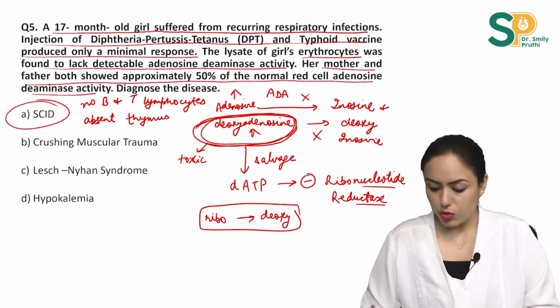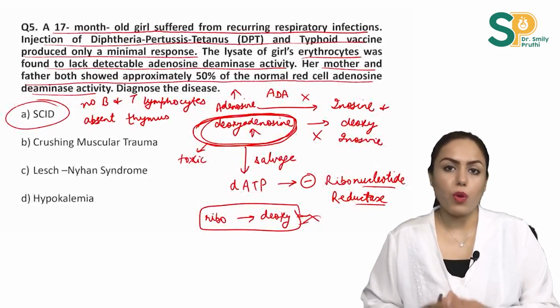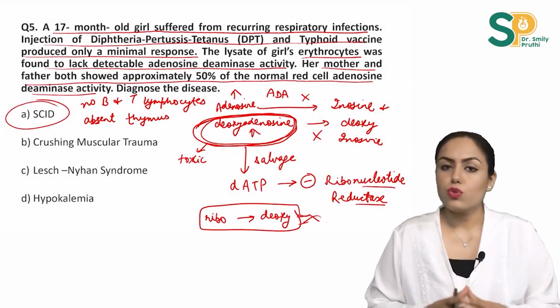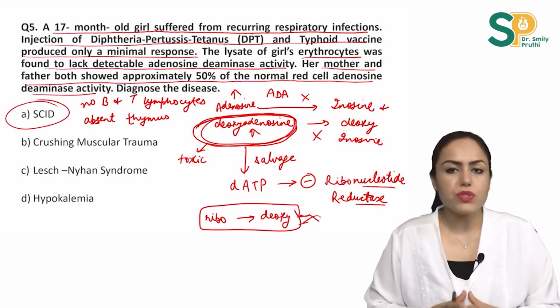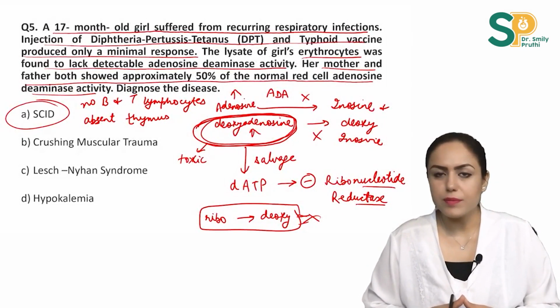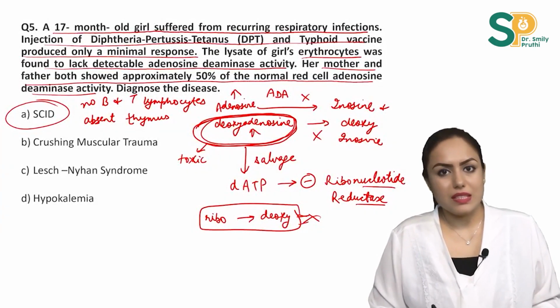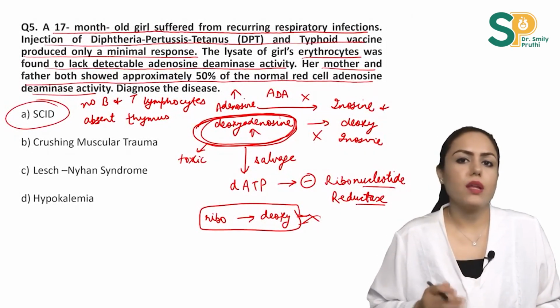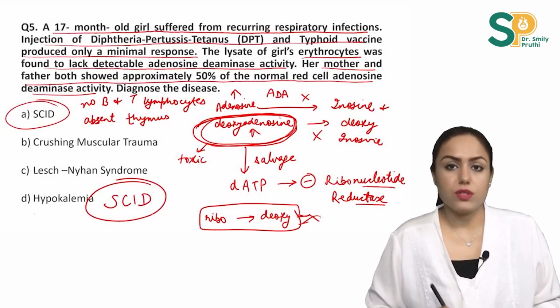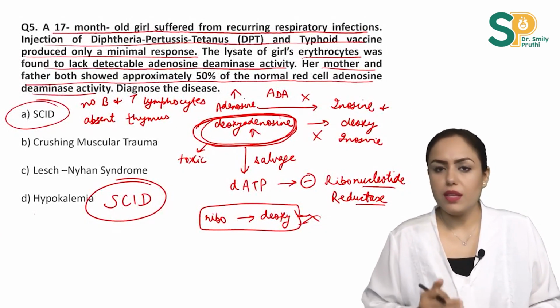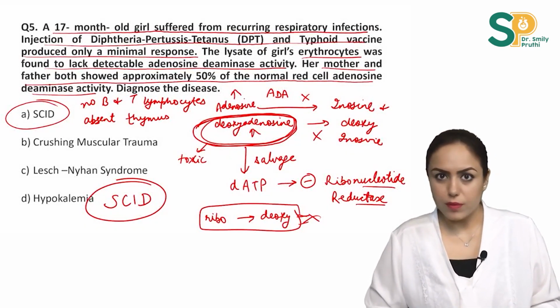So when deoxyribonucleotides will not form, there will be problem in DNA synthesis. So cell proliferation will stop, and therefore there are absent B and T lymphocytes, right? So there is lack of DNA synthesis, especially in immune cell precursors. That's why combined immunodeficiency, both B and T arms of immunity are not working, right?